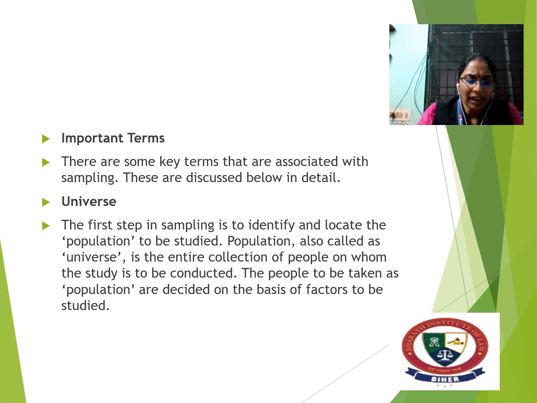Not only the factors but also the probability of obtaining data from the respondent is to be taken into consideration. For example, a study is proposed to assess the level of drug abuse among teenage school-going students in Madurai. The universe will have to include only teenagers who go to schools in Madurai.